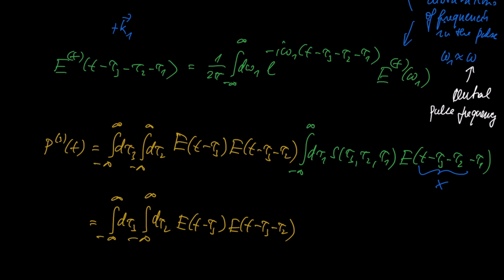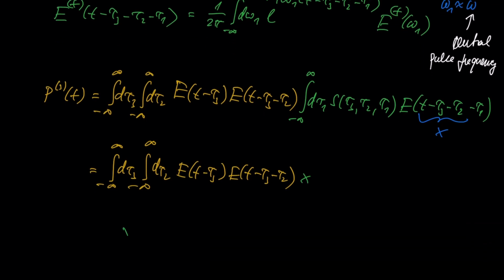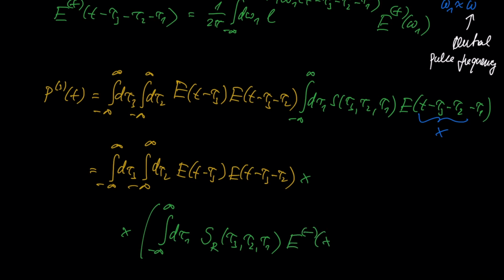So we will multiply this by an integral from minus infinity to infinity d tau 1, and here is now the rephasing contribution of the response, and here we will have the e minus, because if you remember, the rephasing contribution is such that the k vectors are minus k1 plus k2 plus k3.